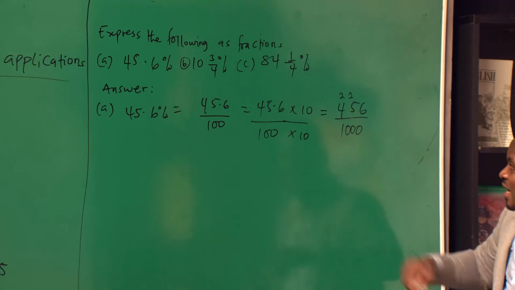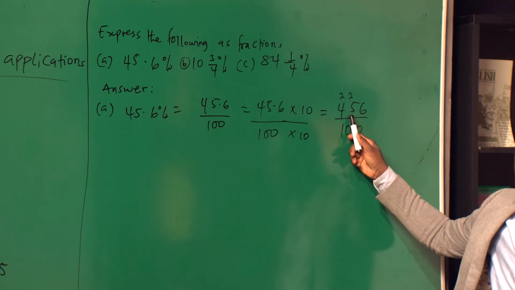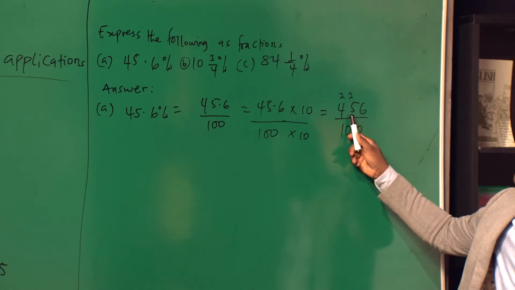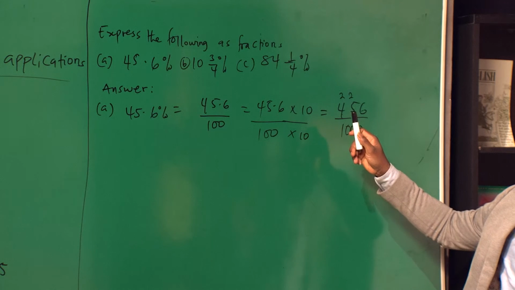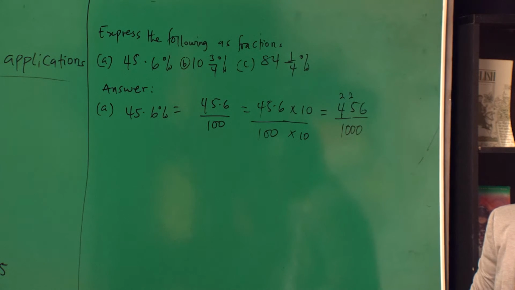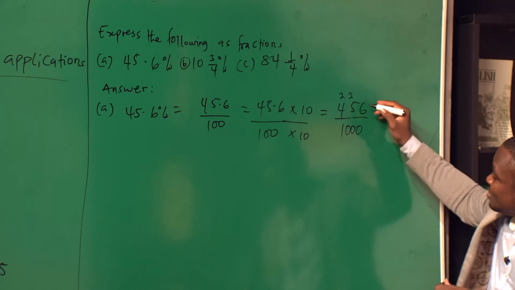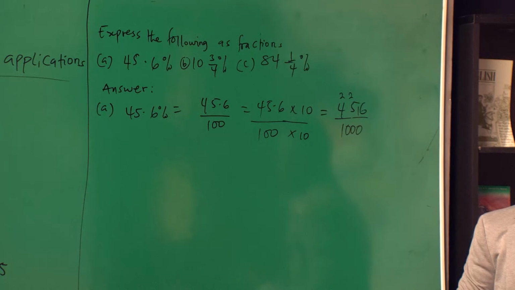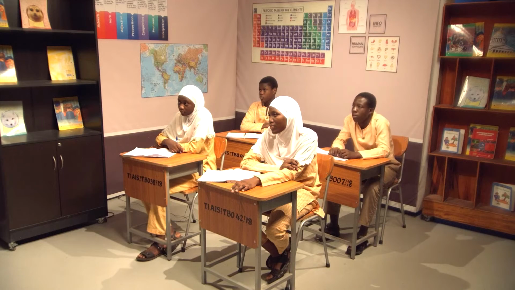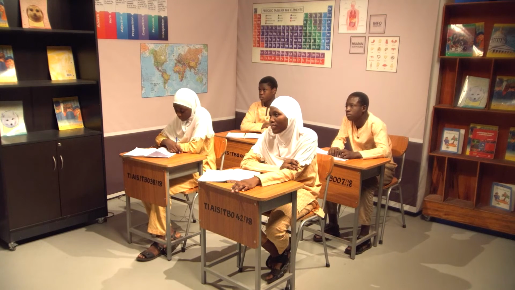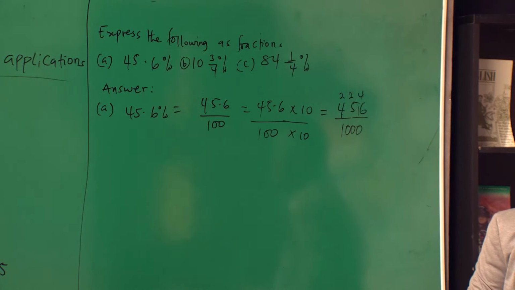So remember, we are at the tens column. Once you have remainder 1, it means the 1 there is tens. You add it to the 6 to make 16. So 4 into 16 will give us, Abdurazak? 4, that's fine. So you end up with 2, 2, 4.